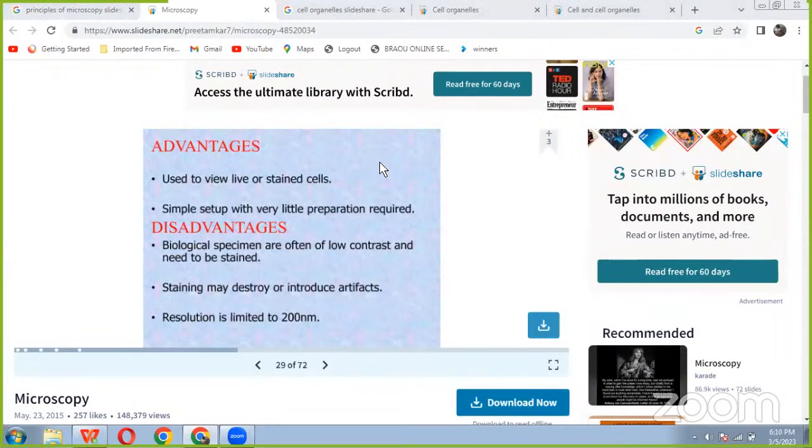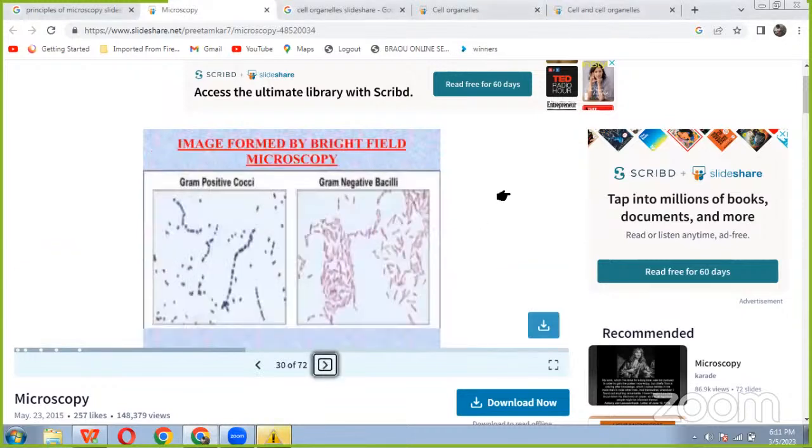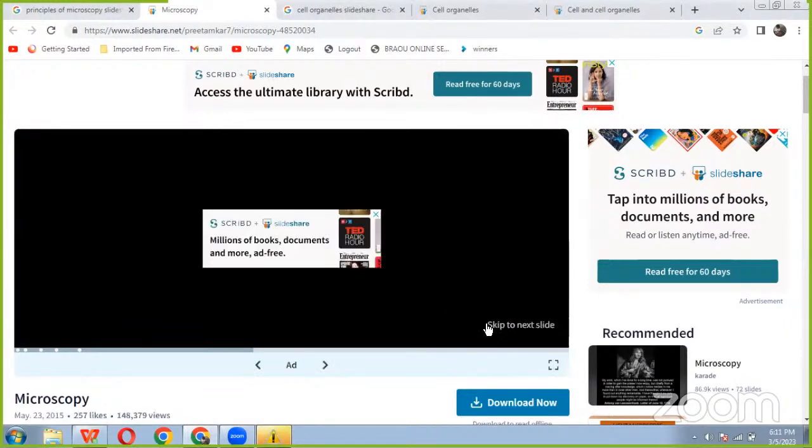Staining may destroy the specimen or introduce artifacts. The approximate resolution limit is 200 nanometer. Next one is the image from bright field microscope, especially seen under the microscope: gram positive bacteria, gram negative bacteria, different types of bacterial stains.